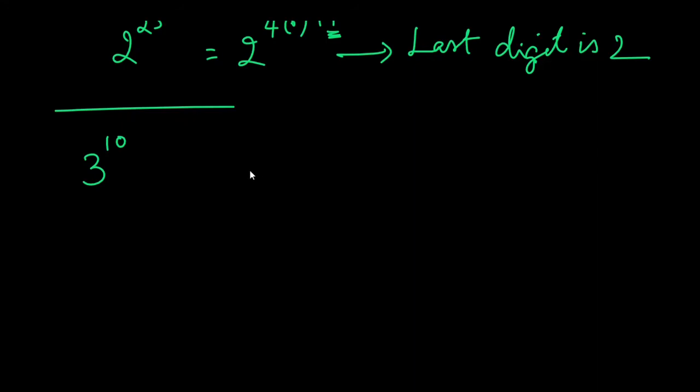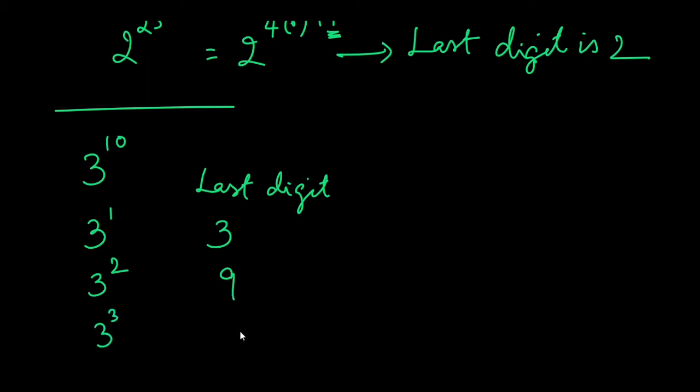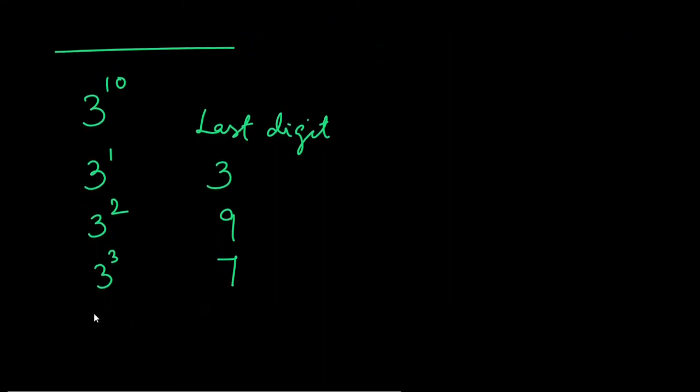Let us observe what the last digits are. 3 power 1, last digit is 3. 3 power 2, last digit is 9. 3 power 3 is 27, so last digit is 7. 3 power 4 is 81, or you can multiply the last digit 7 by 3, 21.